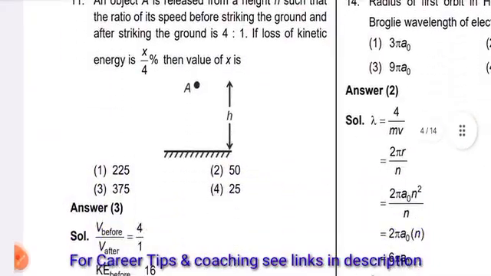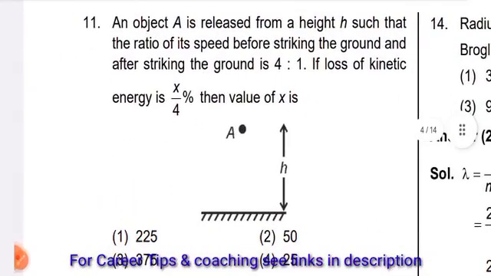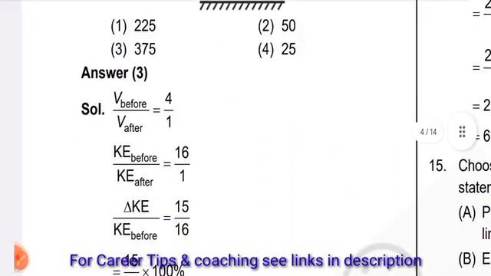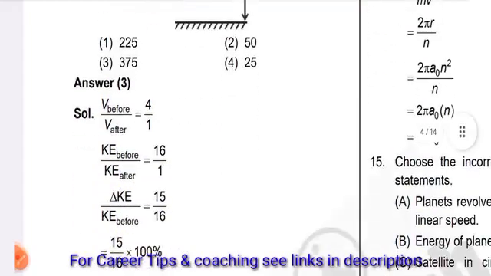Next, you see there is an object which is released from a height h such that the ratio of its speed before striking the ground and after striking the ground is 4 is to 1, and if the loss of the kinetic energy is x upon 4, then the value of x is asked. So the answer is coming 375.